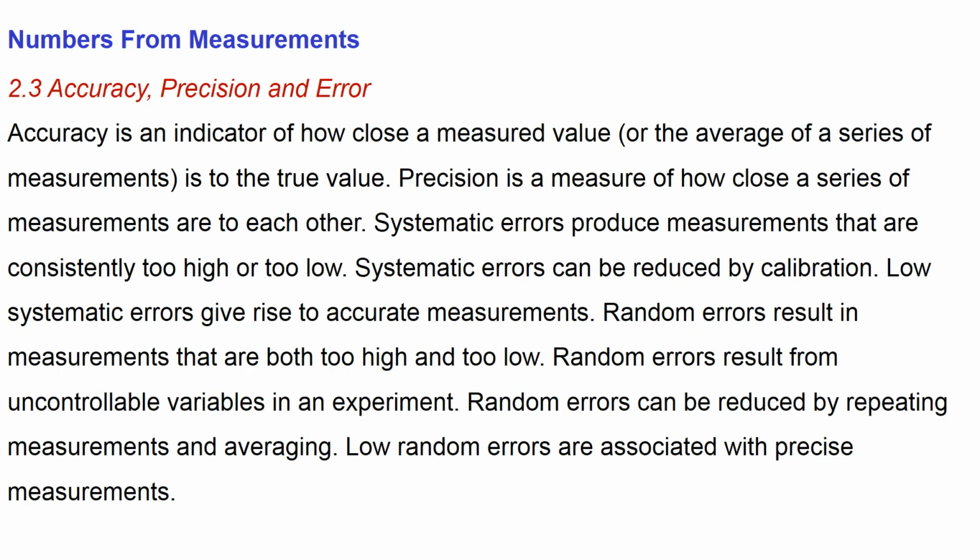Okay, so what does all of this mean? Accuracy is an indicator of how close a single measurement or the average of a series of measurements is to the true value. Precision is a measure of how close a series of measurements are to one another. Systematic errors are when we have all of our values being either too big or too small in a consistent fashion, and we can correct for systematic error through calibration.